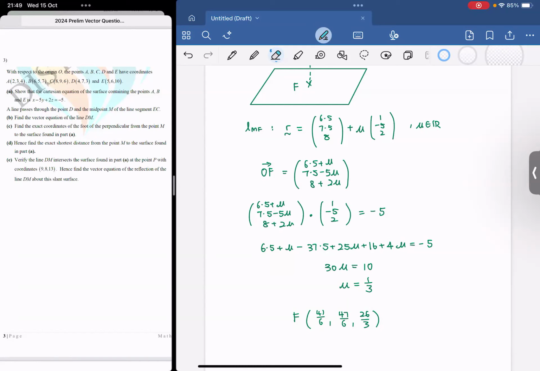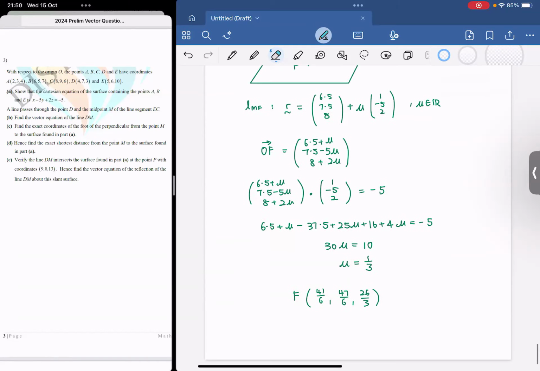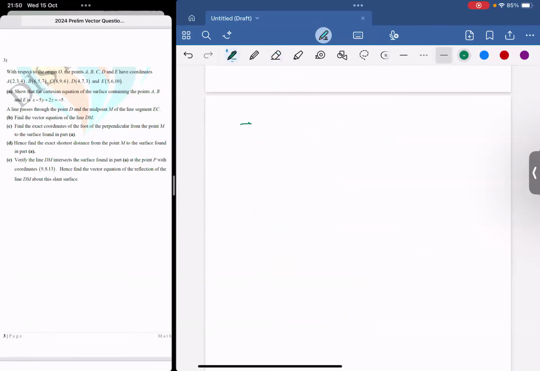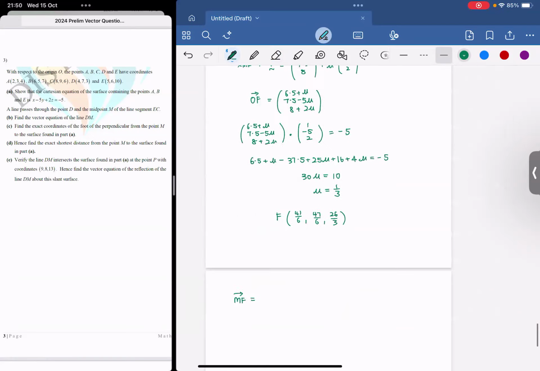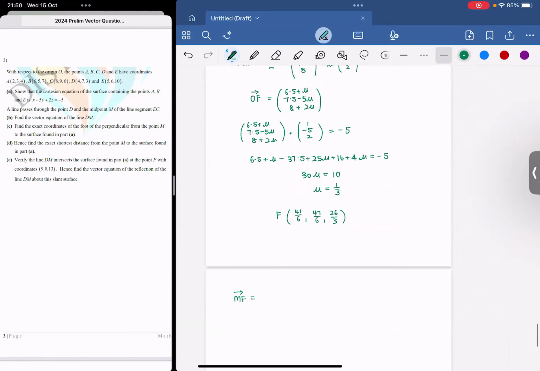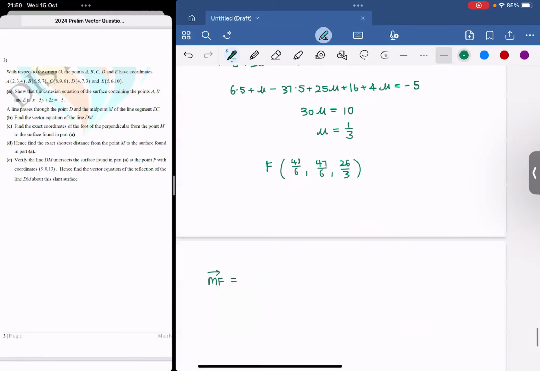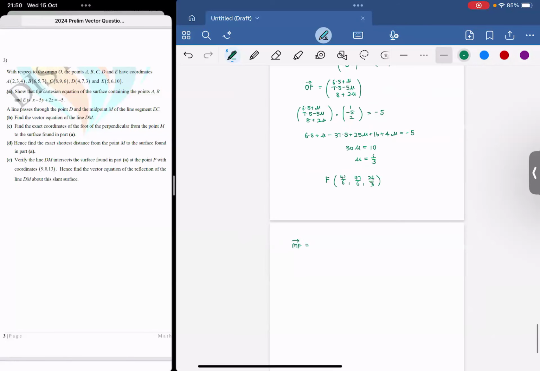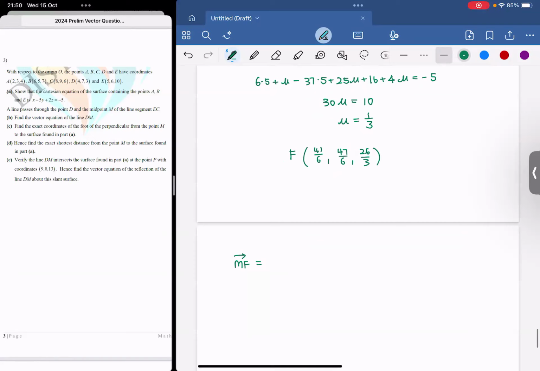Hence find the shortest distance from M to the surface found. So we have to find MF.